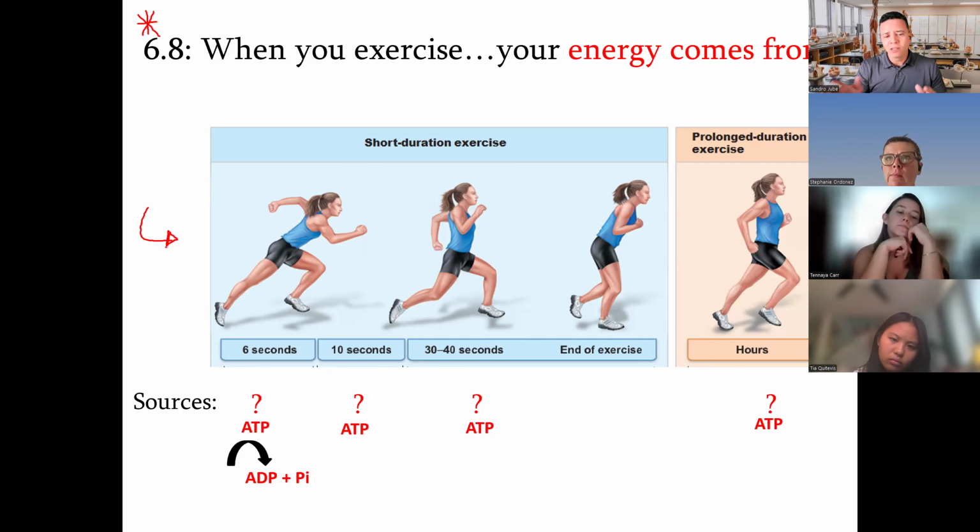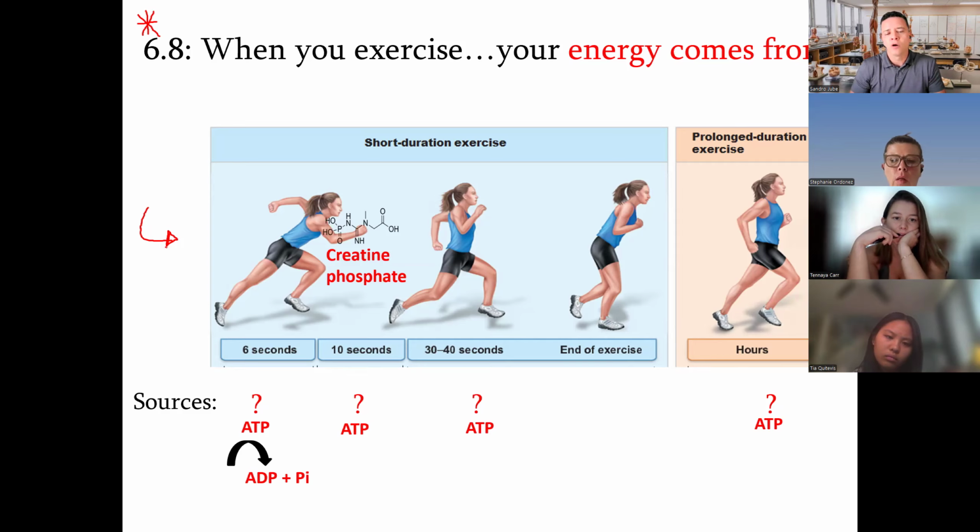So now what your skeletal muscle cell is going to do is break down a compound, a chemical in the skeletal muscle cells, called creatine phosphate. You might have heard of creatine monophosphate before. It is a supplement that people take to help them work out, to get more out of their workout. What does creatine phosphate do?